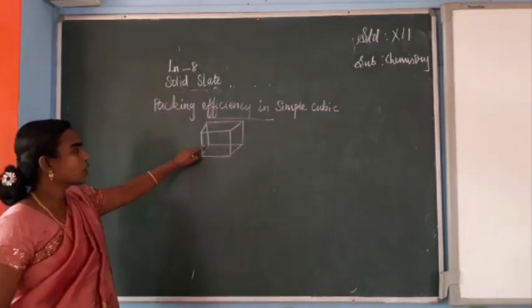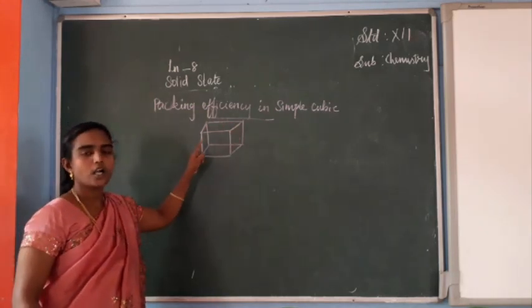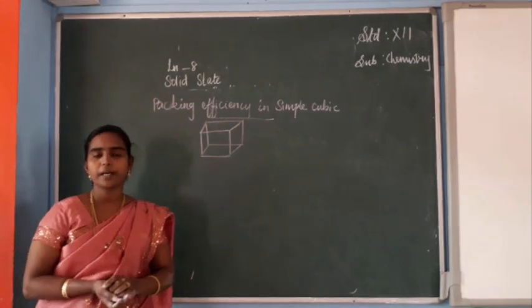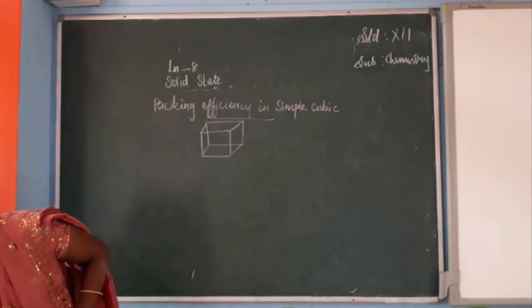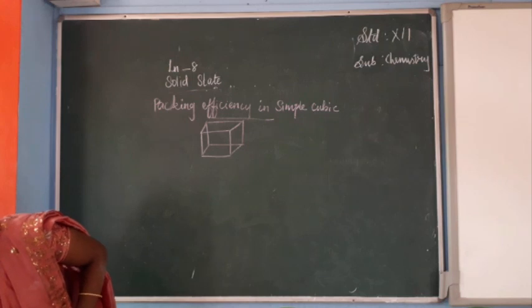In simple cubic arrangement, all the corner atoms are occupied by the lattice points, isn't it?